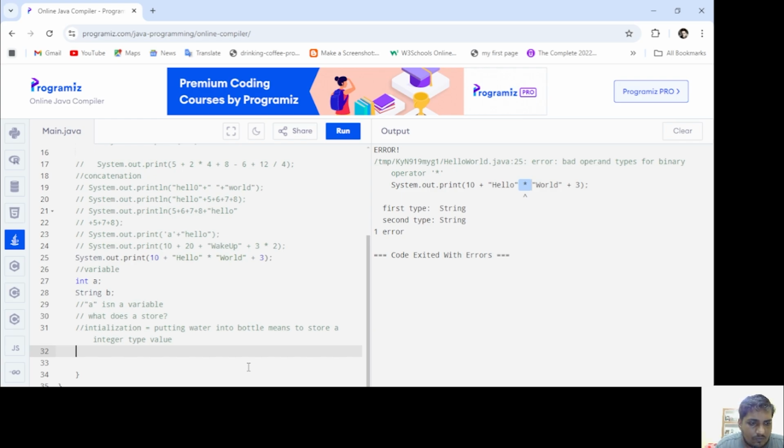Now, for storing an integer type value, a equals 10.